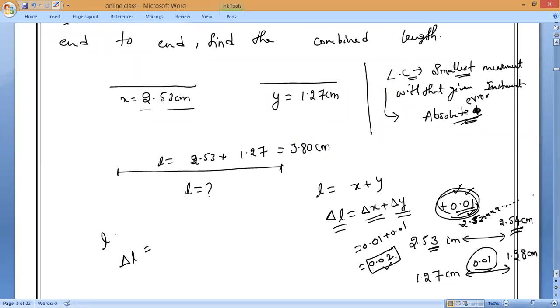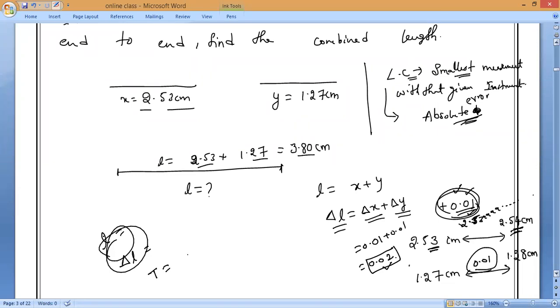Then how do we represent L? How can we represent the total length? Let me take the total length as t.